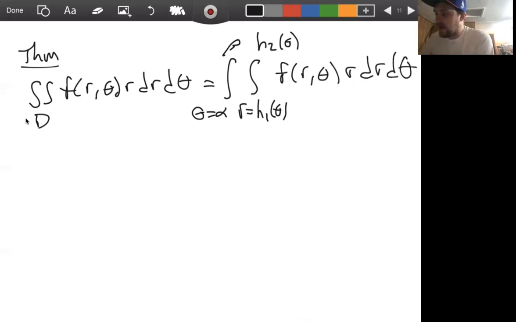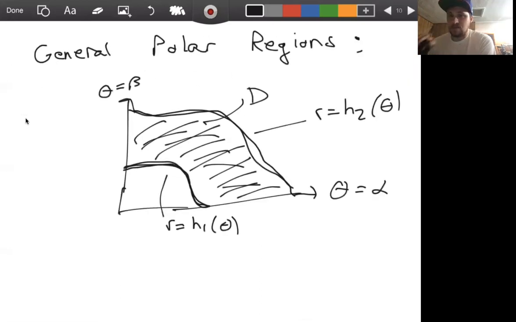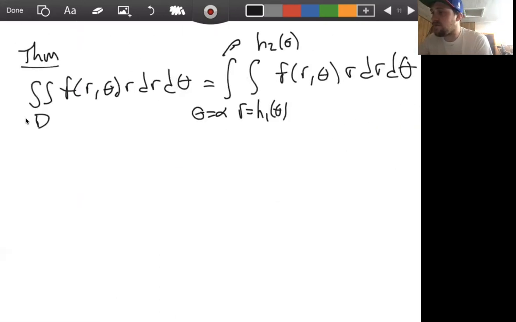And so now, again, it's the same setup of an integral, but now your bounds for r are functions instead of just scalars, right? Instead of just fixed r values, they are actually functions of theta. And let's see an example of this now. It's also good practice for integration.